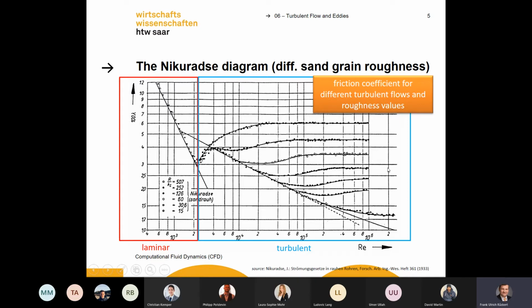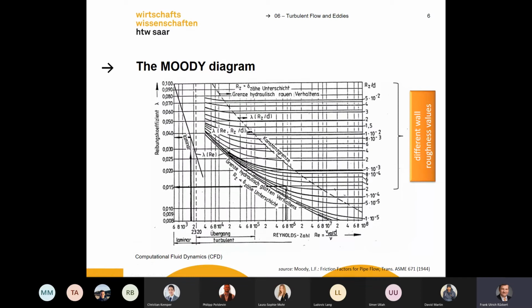The roughness of walls of pipes can be described by the so-called sand grain roughness. To visualize this, you would call this kind of diagram the Nikuradse diagram, or from time to time it's also called the Moody diagram. Here we have just another version of this diagram, the so-called Moody diagram.